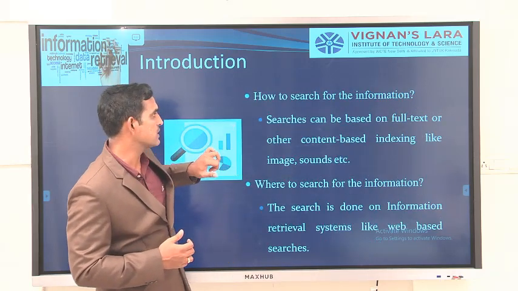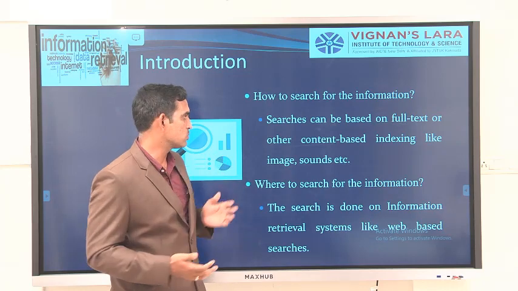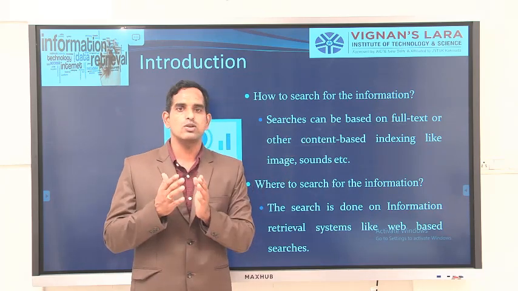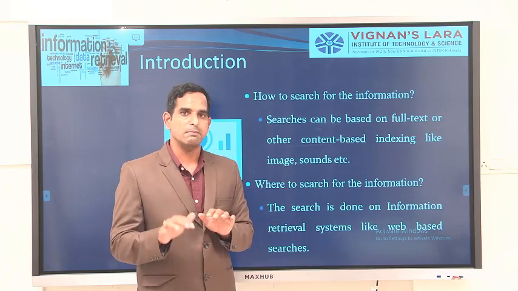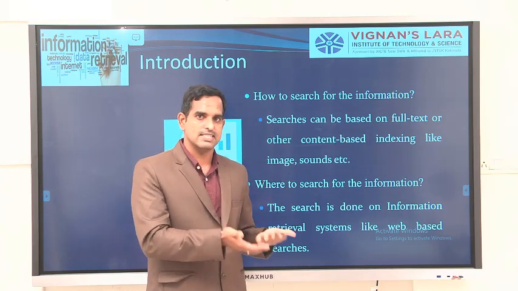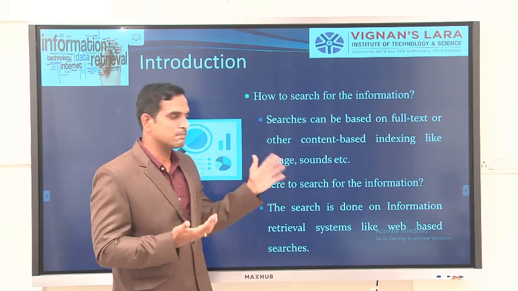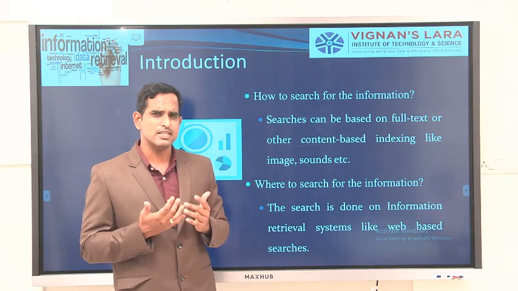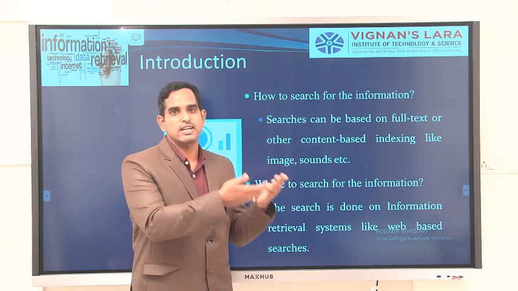Next, the question is how to search for that information. Basically, to search for that information, either you have to use a full text search, just like in Google where you type something, so you are giving a text search. Or you can do other context based searches. Context based search means you will be searching for some image in Google, so you will be looking for similar images.